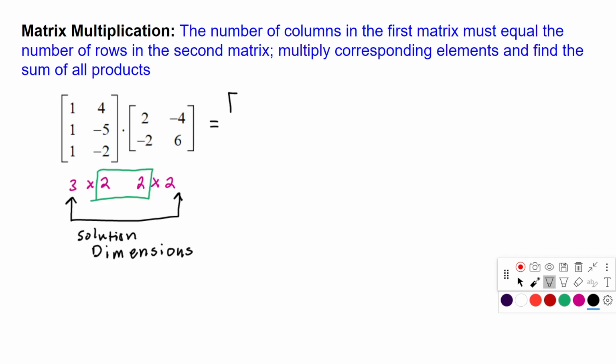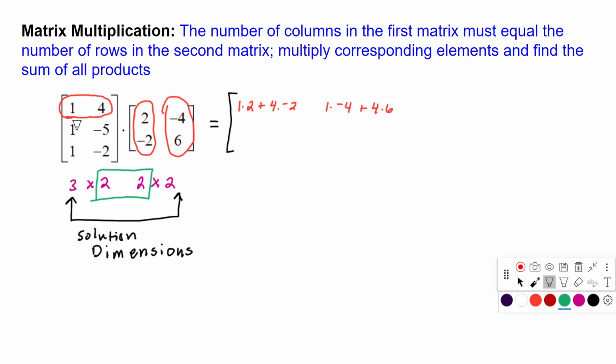So I'm going to write this one out in a couple of steps. First, I'm going to take the first row, each element in the first row times each element in the first column of the second matrix. What's going to happen is I'm going to take 1 times 2 and add it to 4 times negative 2. To get the next entry, I take that row times the second column, and that's going to be 1 times negative 4 plus 4 times 6.